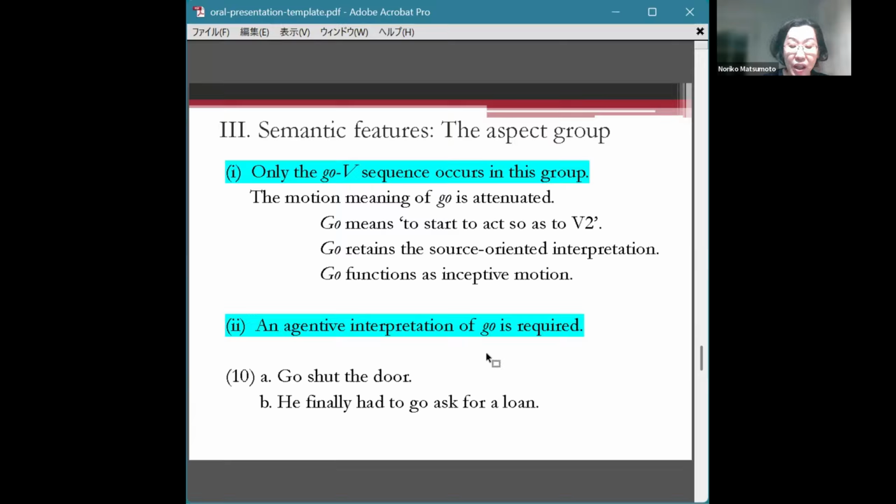Go means to start to act as to the second verb. In this sense, go inherits the future of the motion use, and go retains the source-oriented interpretation. Go functions as inceptive motion. The other is that agentive interpretation of go is required.